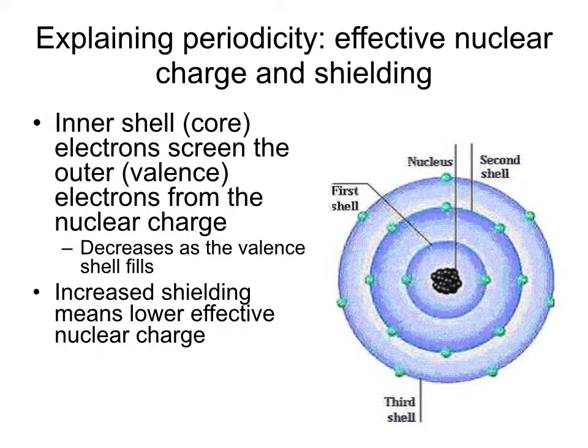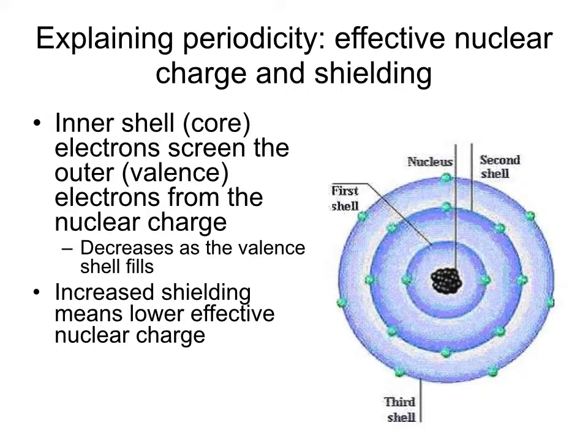Effective nuclear charge is essentially the attraction between the negatively charged electrons and the positively charged nucleus. Like a magnet, negative and positive are attracted together. It's basically the attraction between the outer valence electrons and the inner positively charged nucleus.